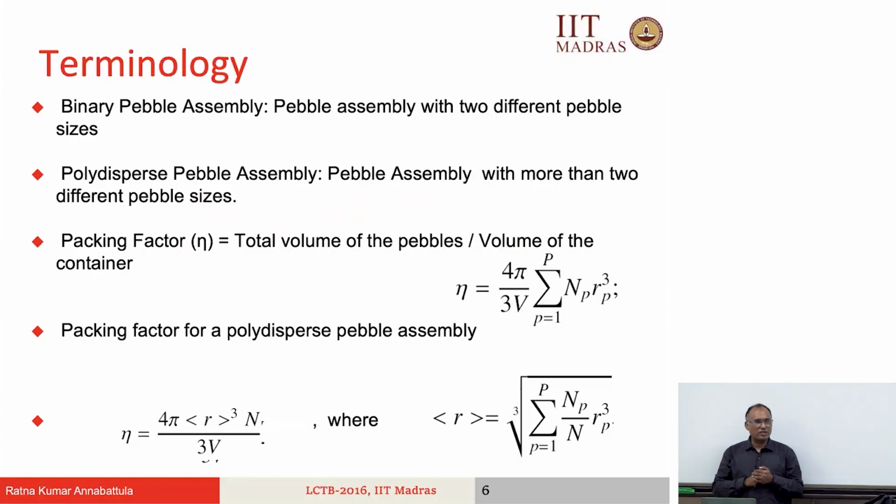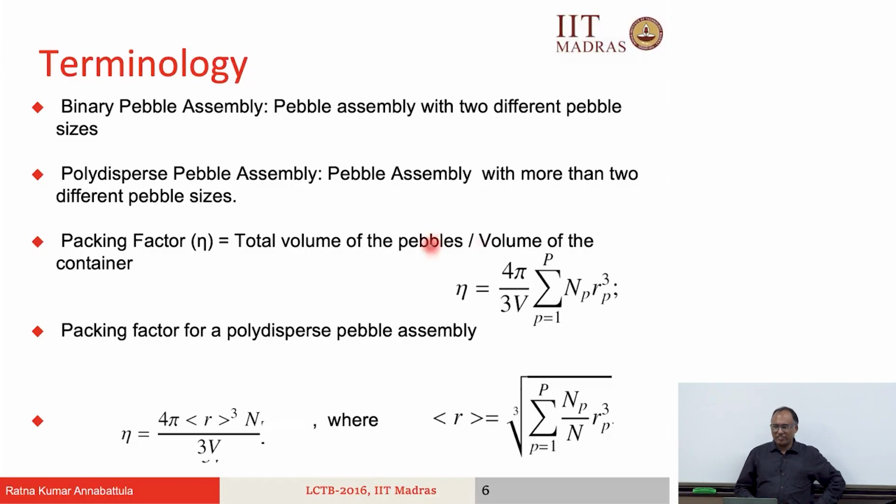Is it possible for us to fill the entire volume of a container with spherical particles? We cannot, right? There is a limit. There will always be some voids. But when you are compressing, what happens to this packing fraction? Initially you put in some particles, and then when you compress, the gaps will reduce, voids will reduce, right? So the packing fraction is the total volume of the pebbles divided by the volume of the container.